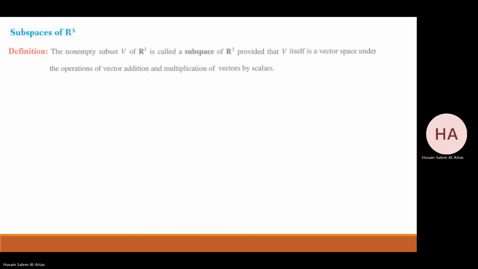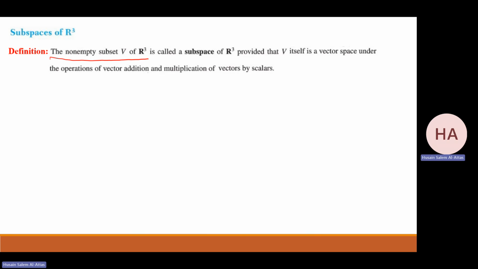Now we'll move to the idea of subspaces. What's the idea of subspaces? If you have a non-empty subset of R3, we call it a subspace of R3 when V itself is a vector space. In R3, if I have a collection of elements, I put it in a subset.